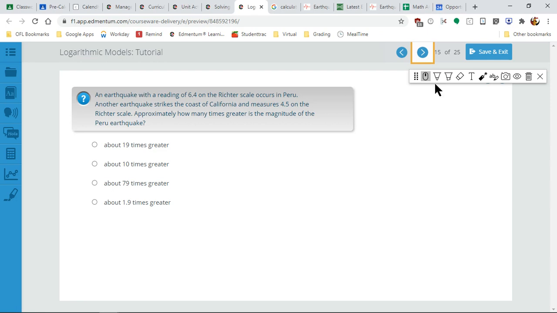Okay, so we're trying to find how much greater this is, right? So this is the Richter scale model of the two things we're looking at. If we're going over 1 on the Richter scale, it's always 10 times greater in intensity, right? But in this case, we're going over an unknown amount. So it's 6.4. We want to figure out how far apart these two are, so we're going to subtract them. We subtract these, we get 1.9.